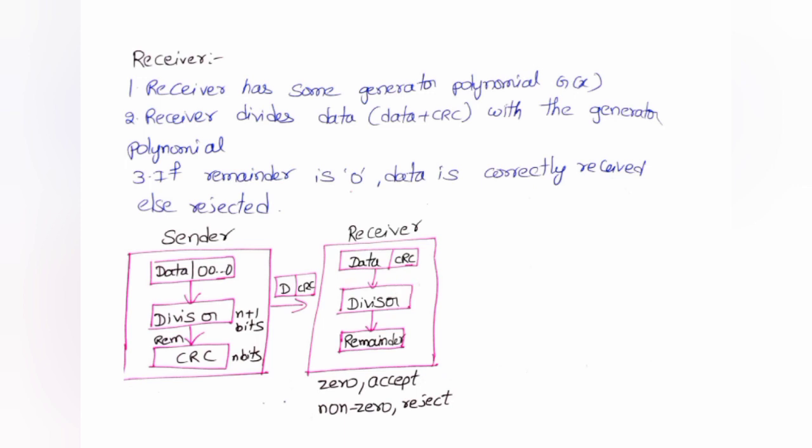At the receiver side, it will perform the XOR operation on the combined data, the original message and the CRC. If the remainder is 0, then it will be accepted, else it will be rejected.